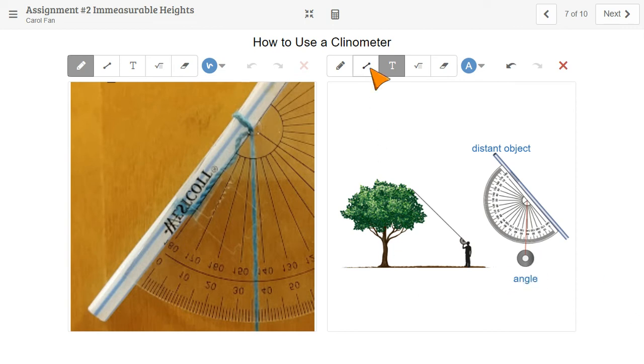Now, one thing about a right angle triangle. A right angle triangle has 90 degrees. That is going to be the largest angle there. All of the other angles are going to be smaller than 90. So even though in a protractor or a clinometer there are two different numbers, you have to use the one that is smaller than 90.